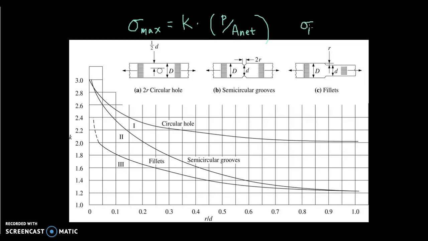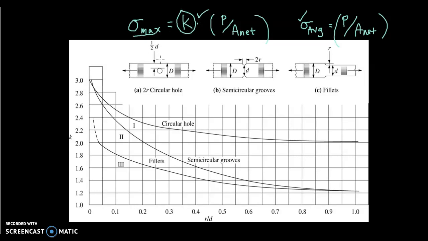And the average stress is just going to be equal to the load divided by the net area. So if we find the new average stress, all we need to do is multiply it by K, and we've got our new maximum stress.